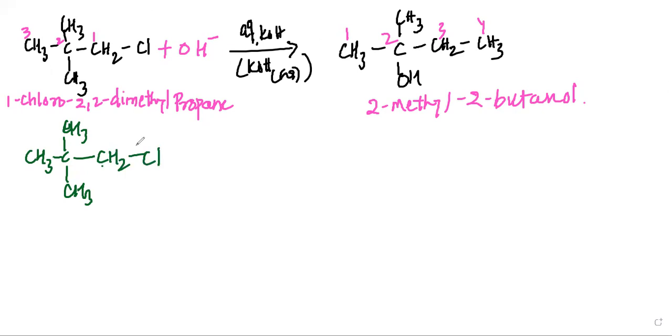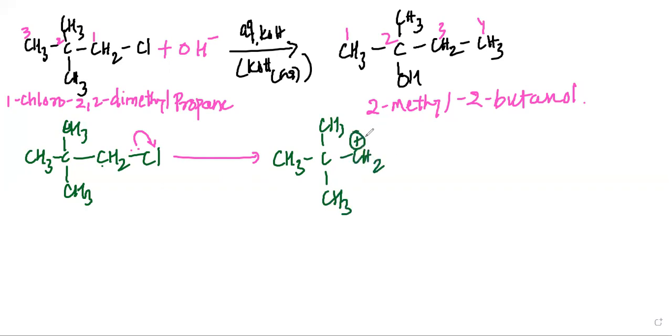The 2 electrons present on this bond go to chlorine, and we get the carbocation CH3C, CH3, CH3, CH2 plus, and we get Cl minus.